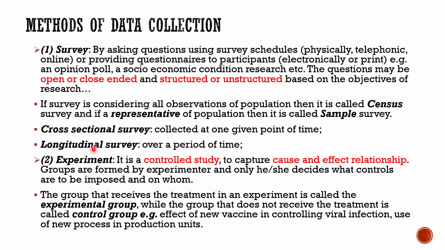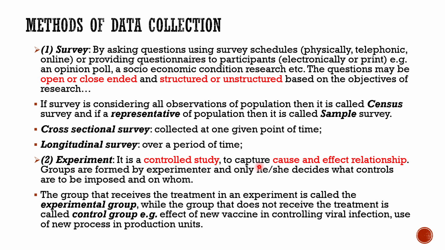Now, the second most important method of data collection is called the experimental method, and it is most widely used in pure science streams. It is a controlled study to capture the cause and effect relationship between variables.